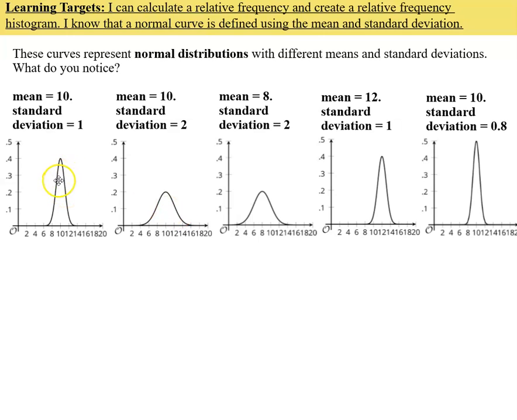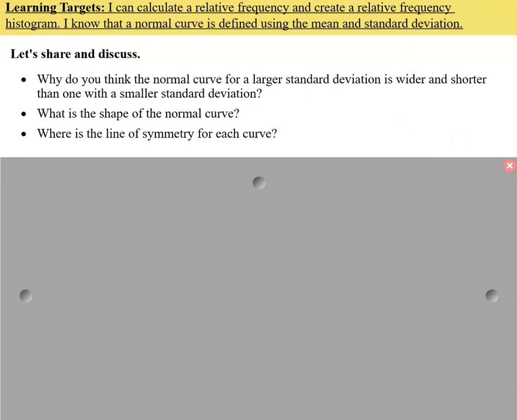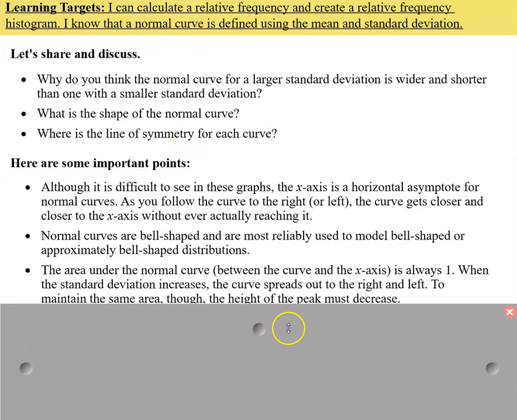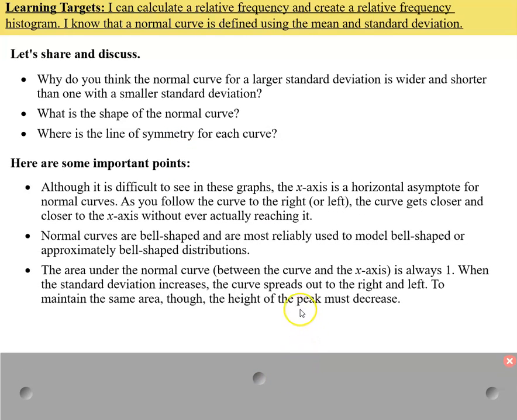Here we're more concentrated, and so that's a big difference between them. And this one shows a standard deviation that's even smaller and has an even higher peak. So we've kind of discussed all of these questions. Here are some important points that you may want to pause and take a read through.